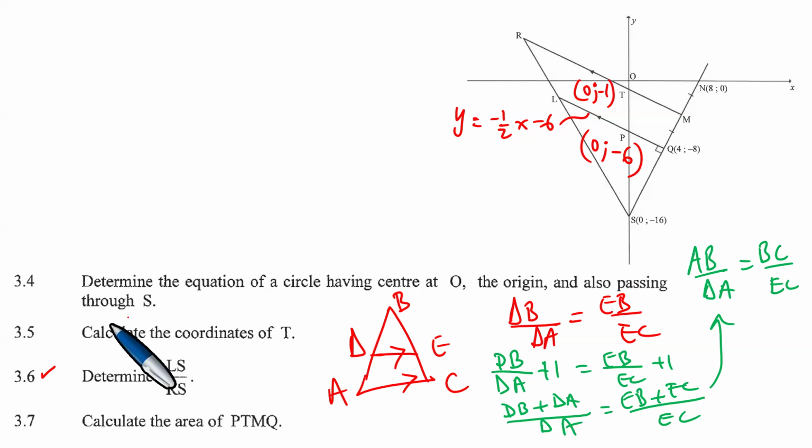Now let us continue. Now to find LS, we are doing 3.6, LS over RS.